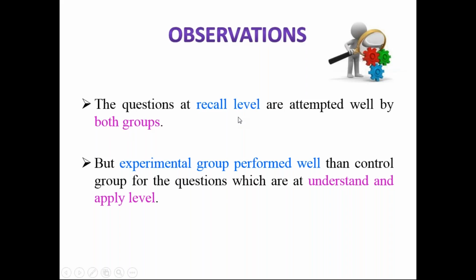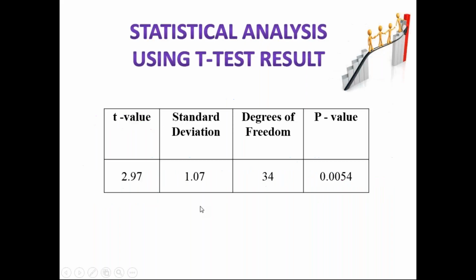So both can attempt the questions which are at recall level. But the experimental group performed better than the control group for the questions at understand and apply level. So when I go to the higher levels of Bloom's taxonomy, I found that the experimental group performed well.